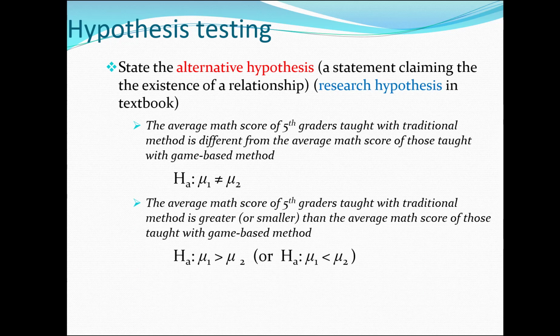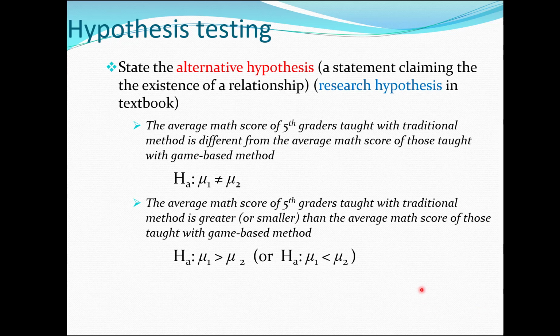So you can state your alternative hypothesis by saying the average math score of fifth graders taught with traditional method is greater or smaller than the average math scores of those taught with game-based method. So that means you're indicating a specific direction of the difference. So your alternative hypothesis in mathematical formula will be mu1 larger than mu2 or mu1 smaller than mu2.